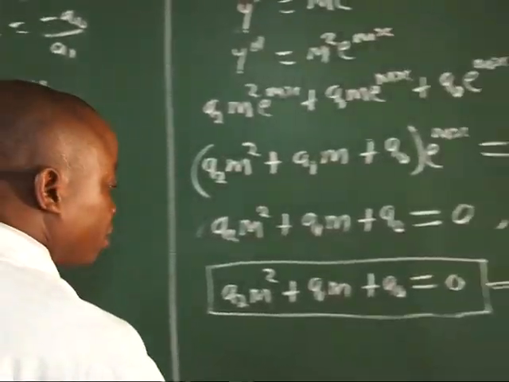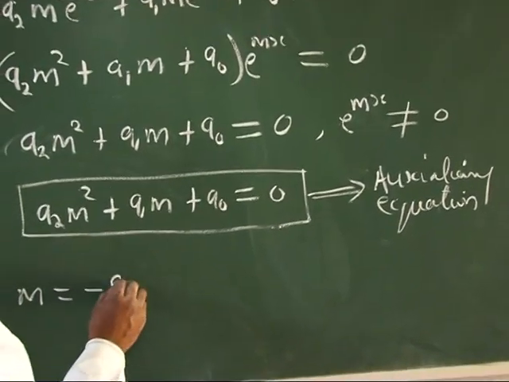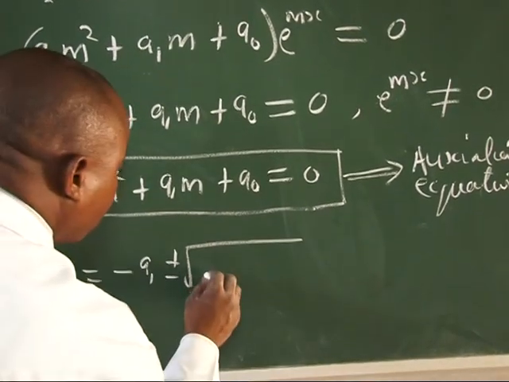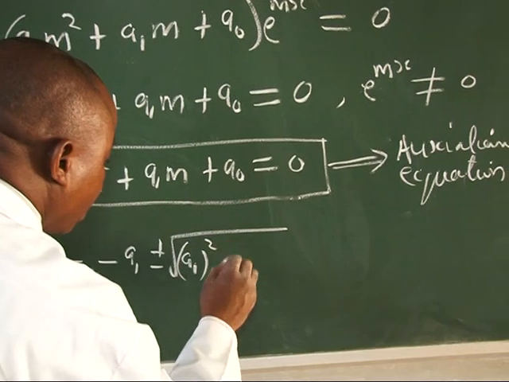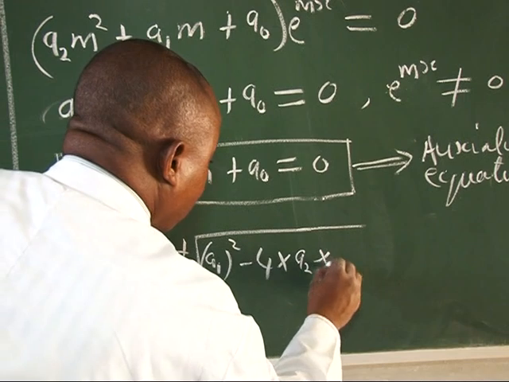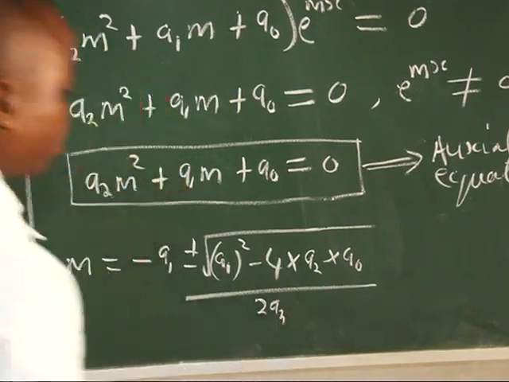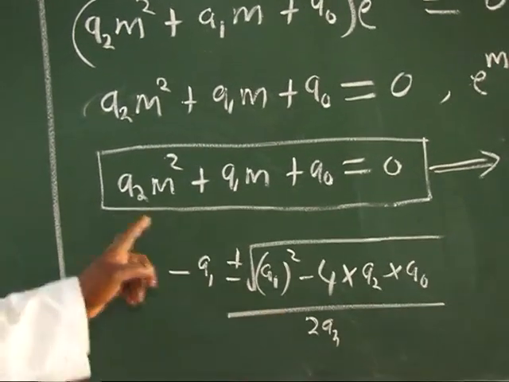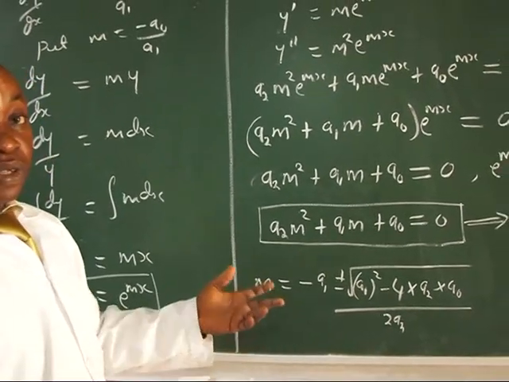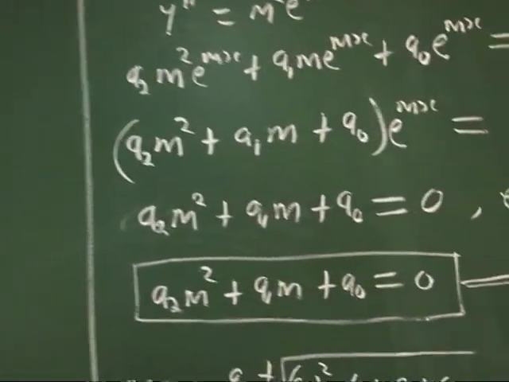Now the solution to this is given by m is equal to minus a subscript 1 plus or minus the square root of a subscript 1 squared minus 4 times a subscript 2 times a subscript 0, all over 2 a subscript 2. You know, this is the quadratic formula. So we can use the quadratic formula to solve this auxiliary equation.